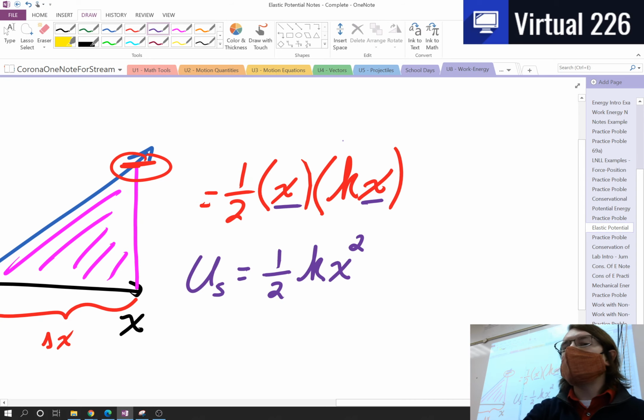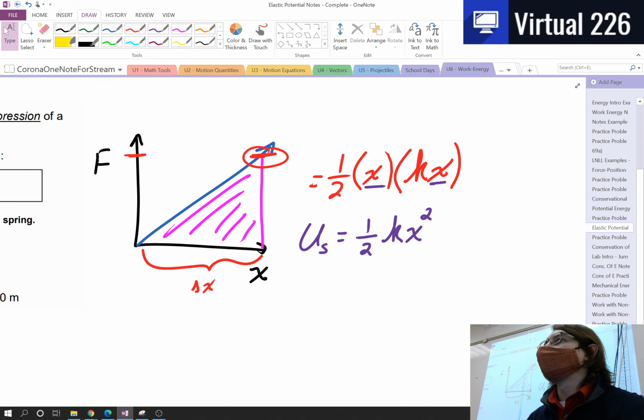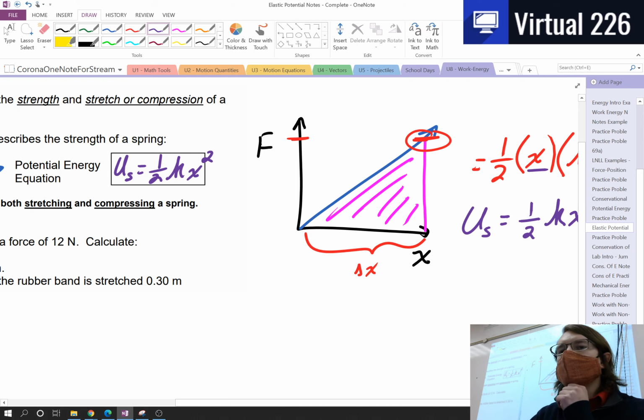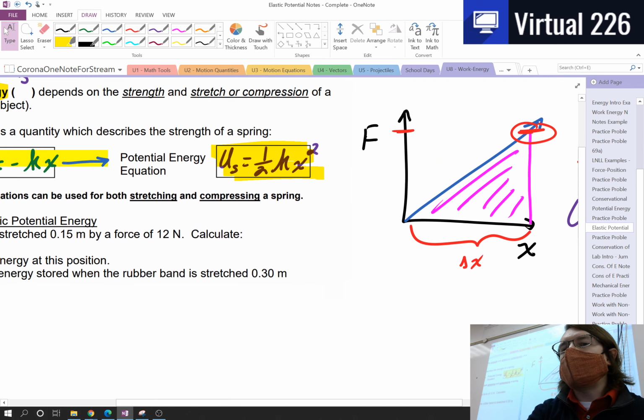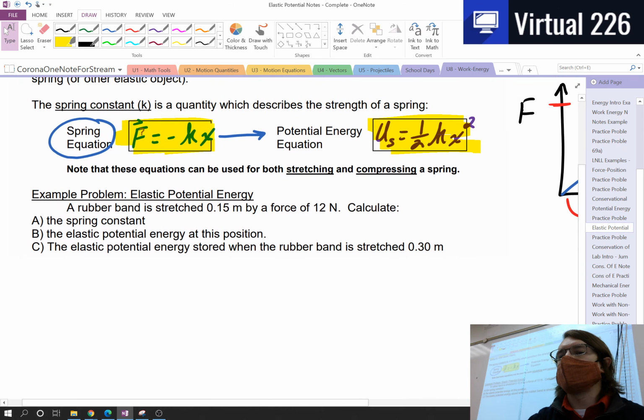So all we did is we used a force displacement graph, found the area like we've already done, and with that idea, we quickly find that the potential energy of a spring, or an elastic potential energy, is this 1/2 kx squared. And this is the equation, combined with Hooke's law, or the F equals kx equation, that we're going to be using to solve our problems out here.